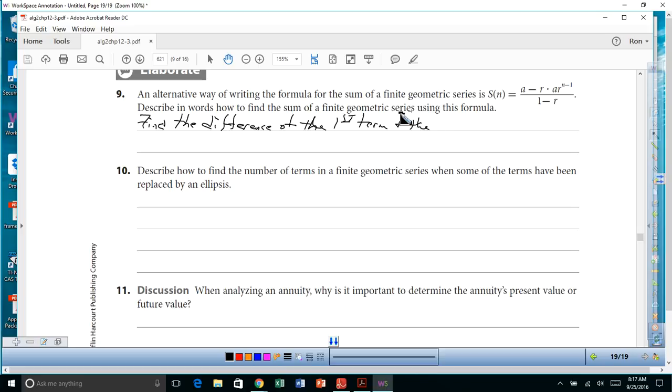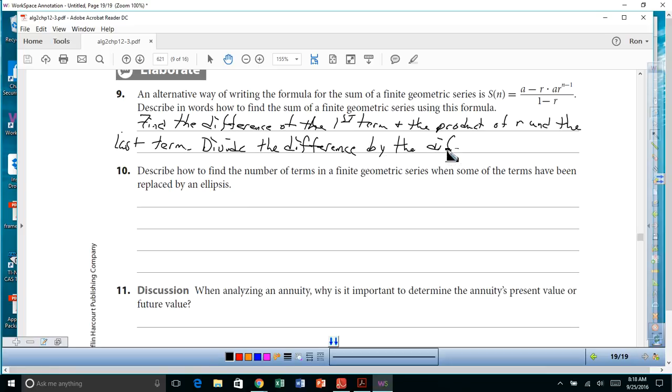and the product of r and the last term. Divide the difference by the difference of one and r.